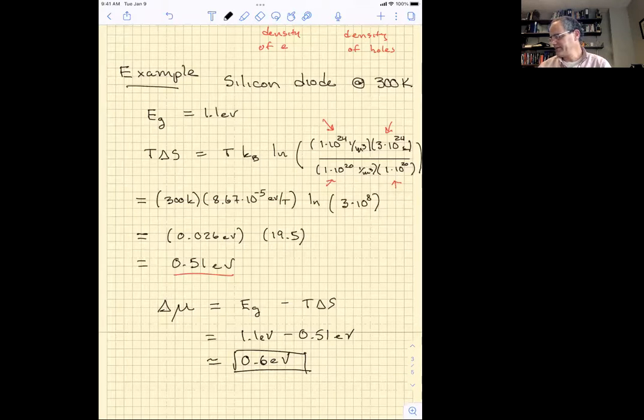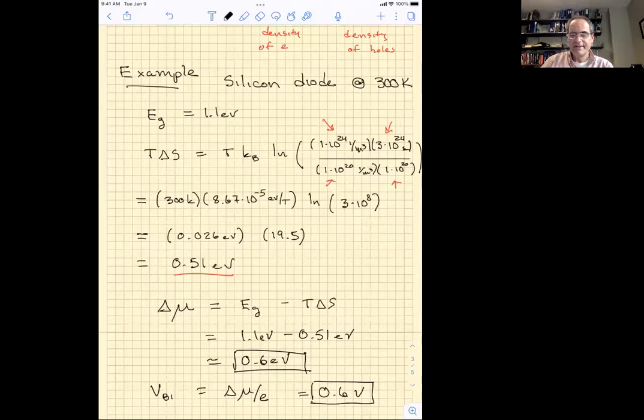Or that is, to be clear, at 300 degrees, the built-in voltage, which is delta mu over e, works out to be about 0.6 volts.